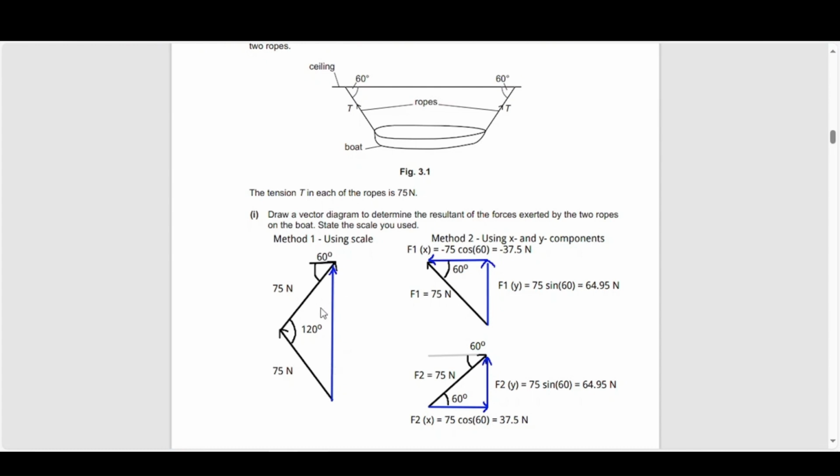Now here, you don't have a 90-degree angle, and it can be explained quite easily. We know that there is a 60-degree angle with the horizontal in the case of this 75 newton vector. If I drew a horizontal there, that's going to be around 60 degrees. And then for this rope on the right, which is another 75 newton vector, again you've got another 60 degrees with the horizontal.